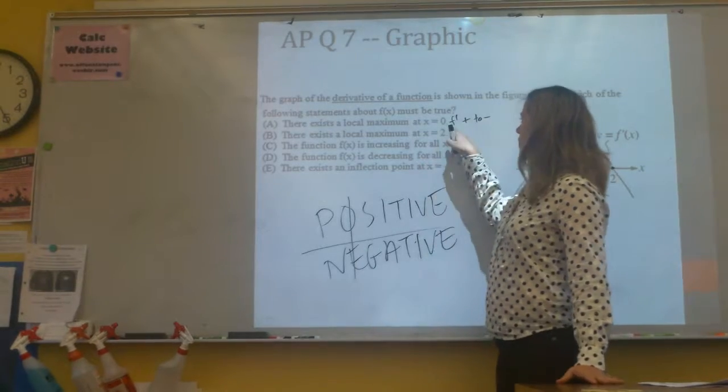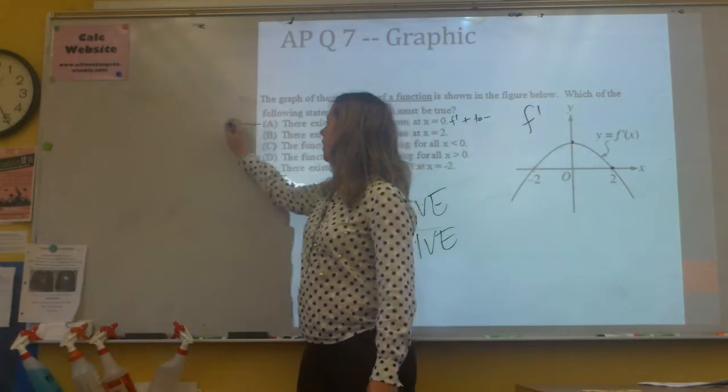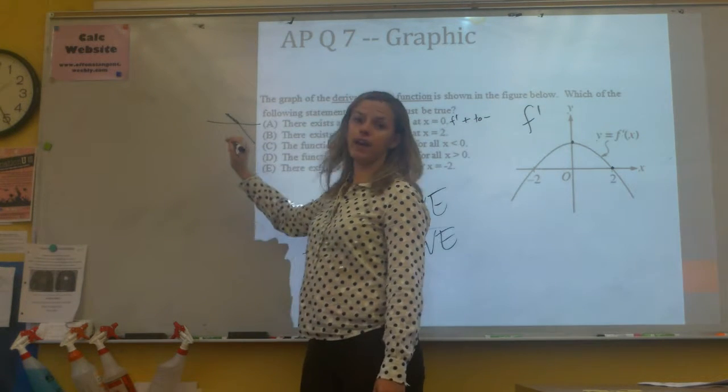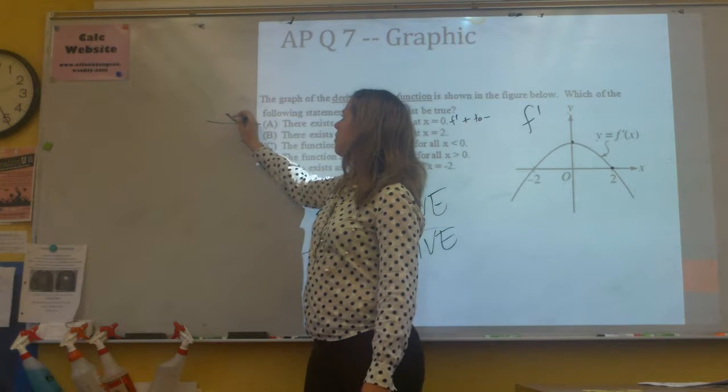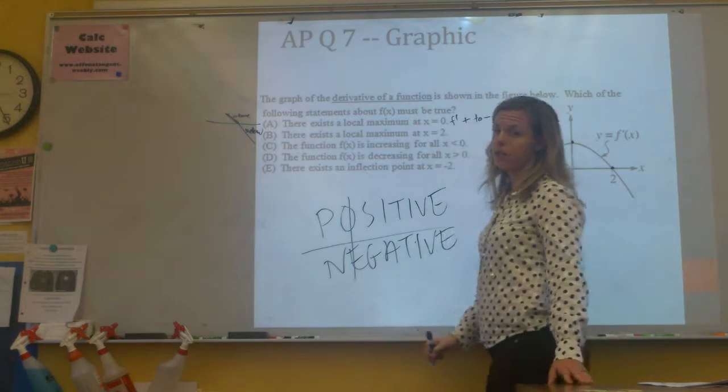If f prime is changing from positive to negative, you're going from above the x-axis to below. That's what changing from positive to negative looks like.